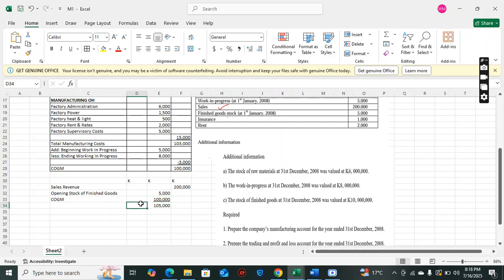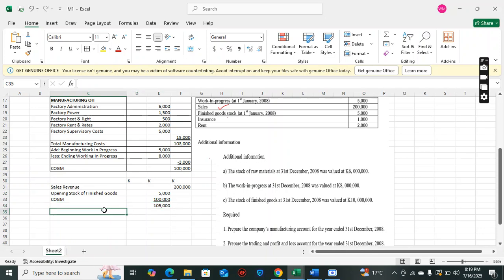Okay. Now we need the cost of the finished goods that were sold. In order to get the cost of the goods that were sold, we're going to get the total cost of all the finished goods that we had, and subtract the closing stock of the finished goods, so that we find out the cost of the goods that were sold.